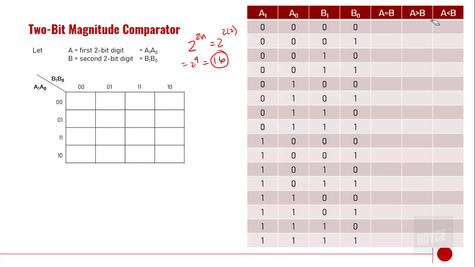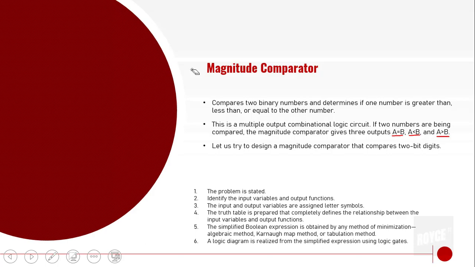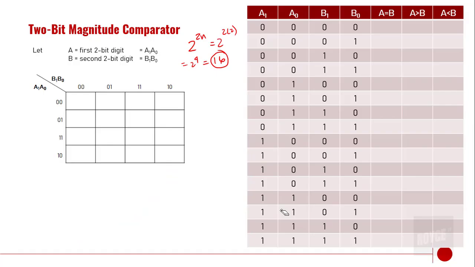Okay, nasa second step, third step na tayo. I'm sorry, fourth. We have already identified the problem, magnitude comparator, and then we identify the input variables and output functions, and we also assign letter symbols. Now, we are on step 4, and we are preparing the truth table.